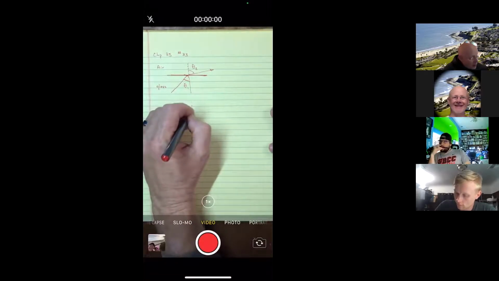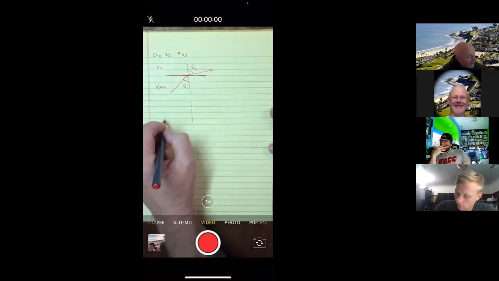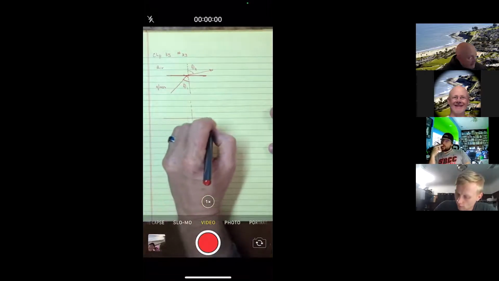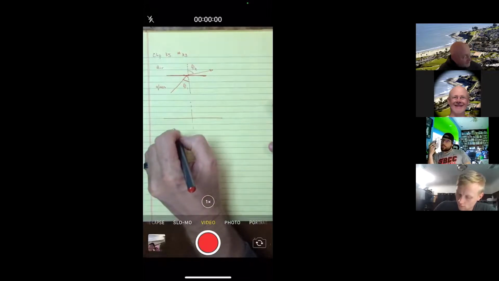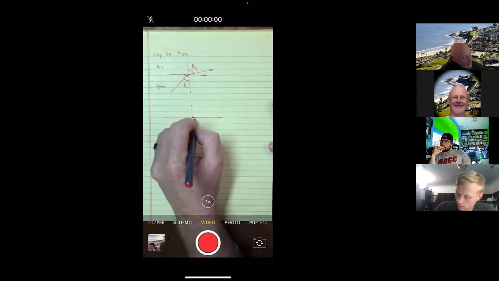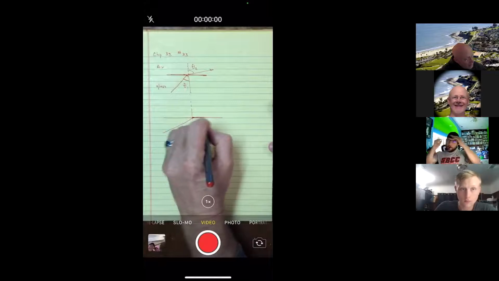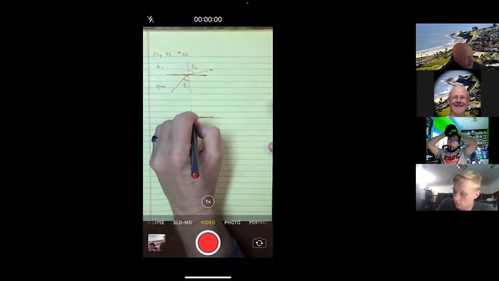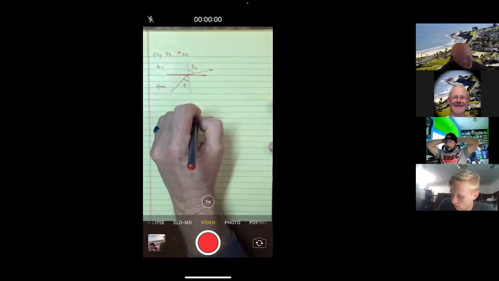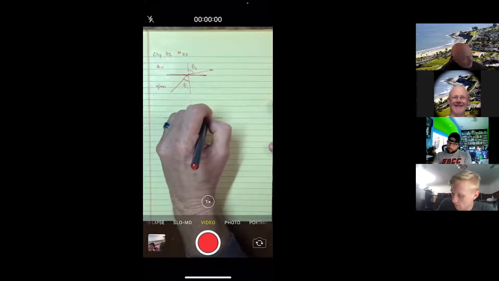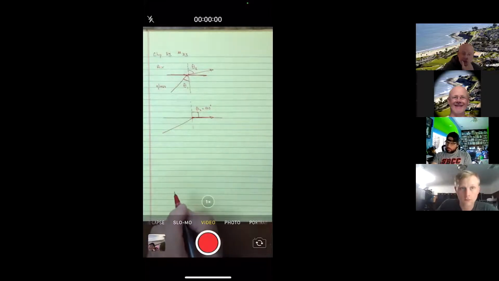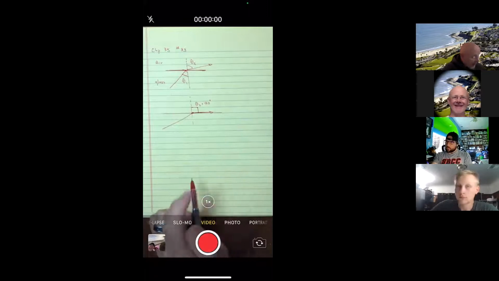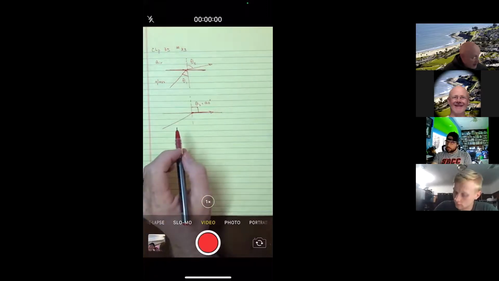But if you were to have enough bending so that theta 2 is actually 90 degrees, something very interesting happens. It doesn't stay at 90 degrees.